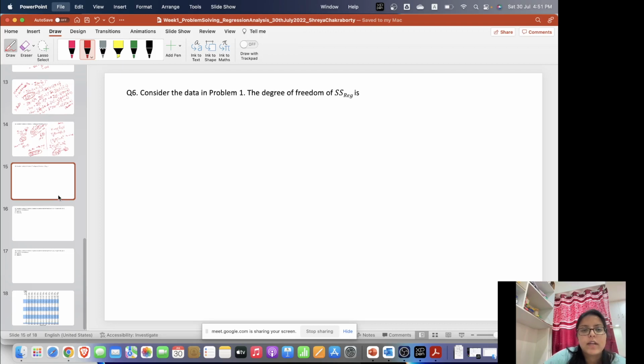Okay, now we have this thing, SS regression. What will be its degrees of freedom? Yes, 1. And why is it so?